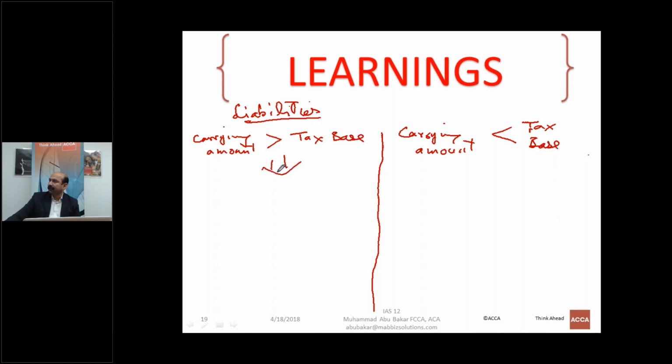So the difference will be named as deductible temporary difference.